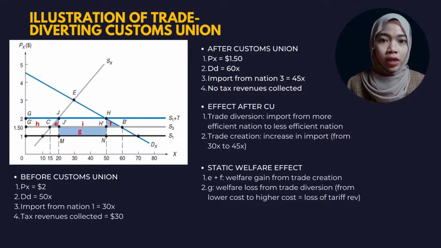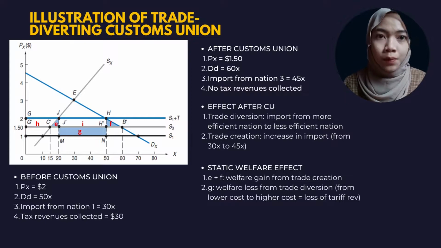Moreover, areas J, M, and H are the $30 tariff revenue collected by Nation 2 before the formation of the customs union with Nation 3, while area I is transferred to consumers in Nation 2 in the form of the lower price of commodity X after the formation of the customs union.